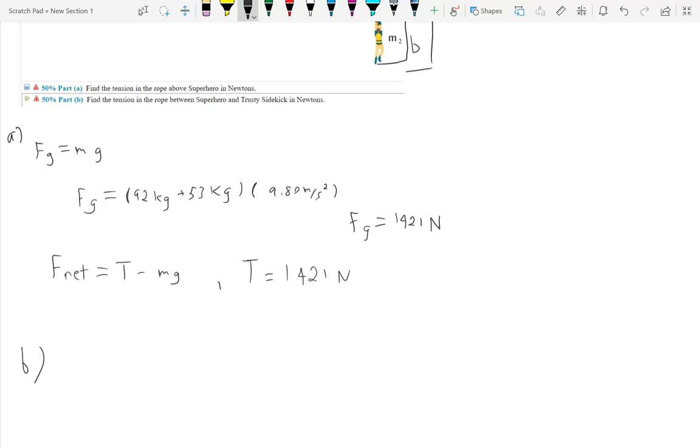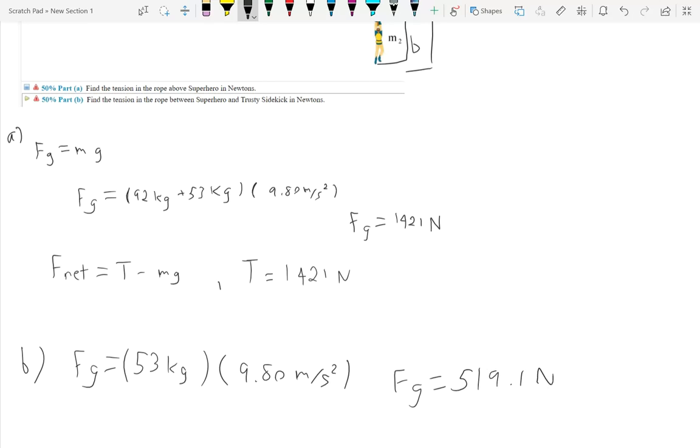Because you're just wanting to find the tension for the second rope, or like the second part of the rope. That just equals 519.